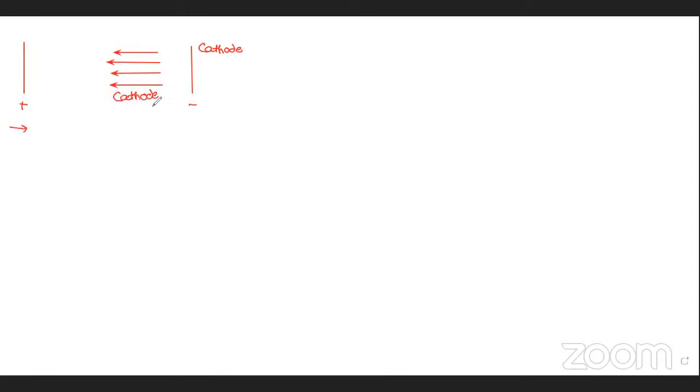Sir, yesterday we wrote that the particles moving from one electrode to the other are called cathode rays. What is the difference between the electron and cathode rays?